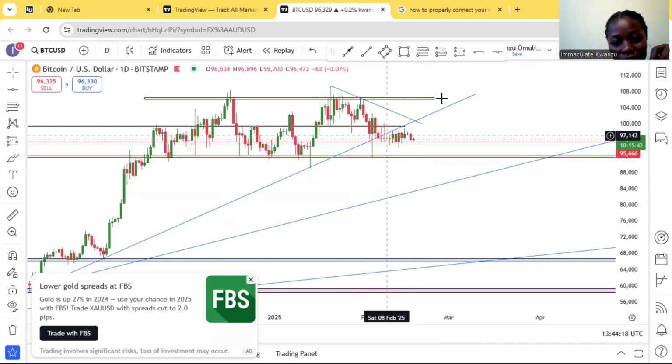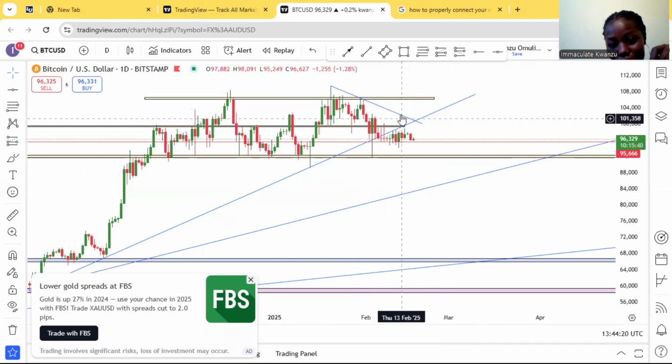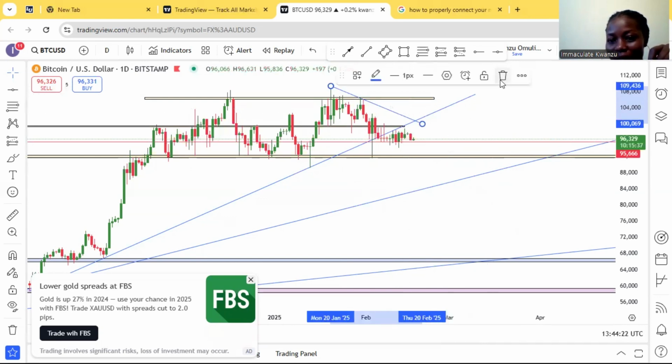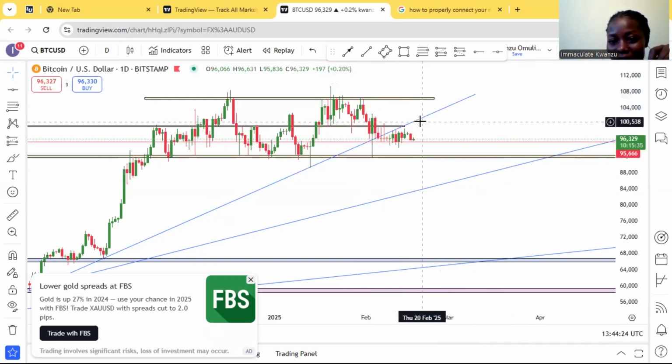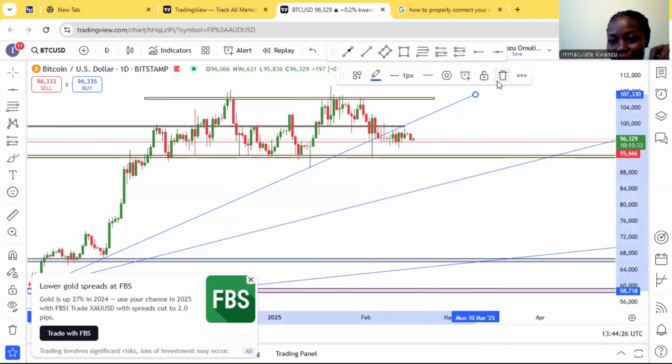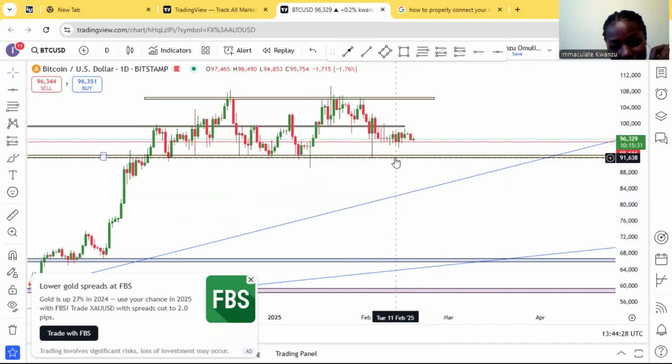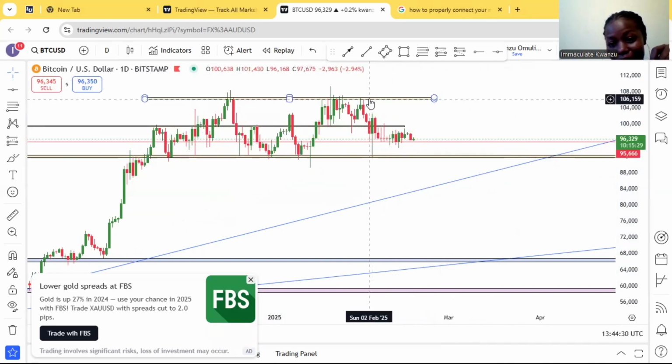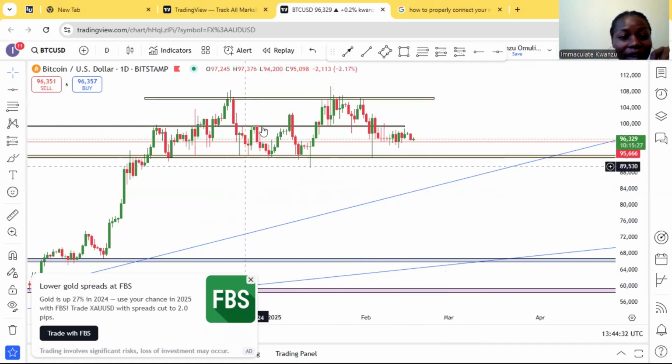So we broke this trend line, but we've been holding on to this black line right here. So whatever happens between this level and this level will determine the fate of Bitcoin.